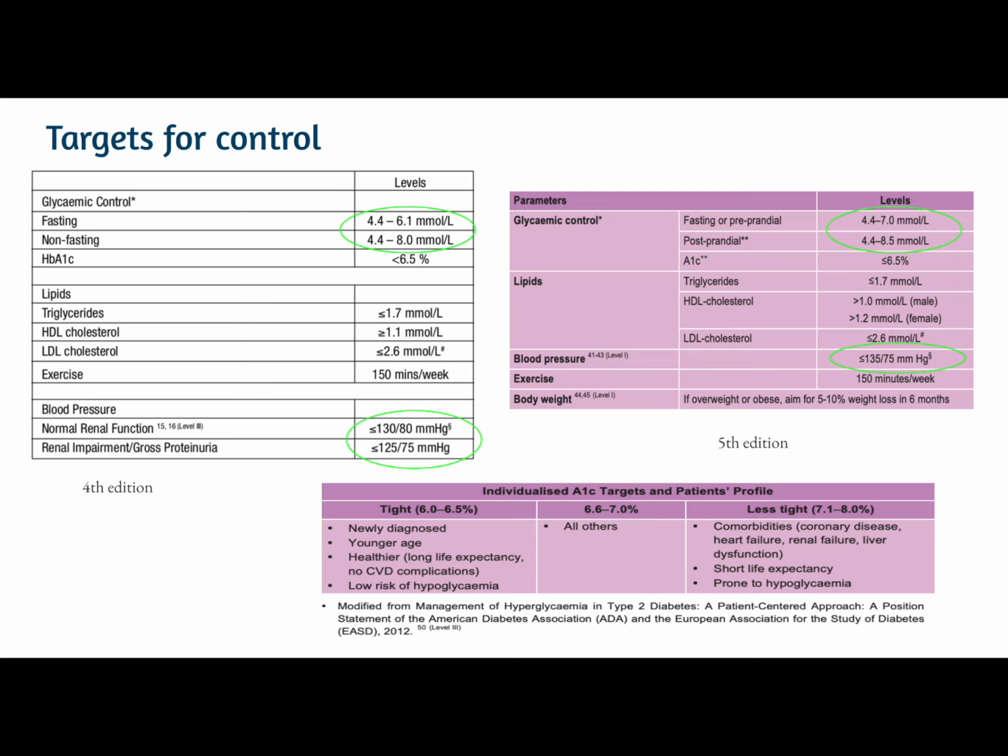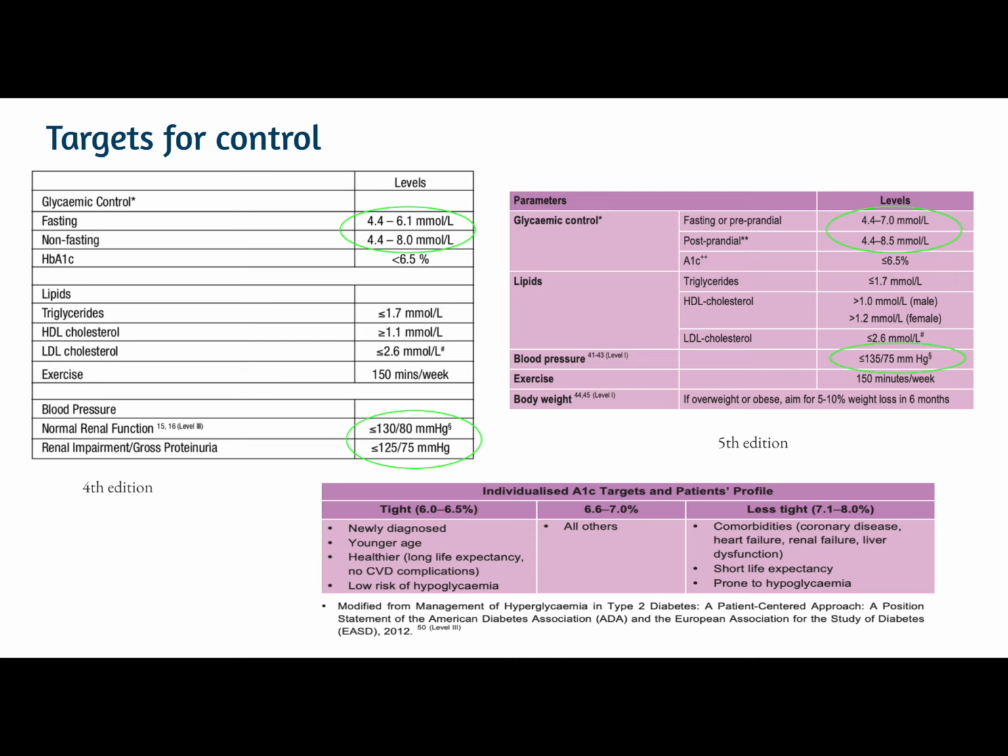The blood pressure targets are typically less than 135/75, with good lipid control where the targets here would be less than 2.6 for LDL cholesterol and less than 1.8 for those with heart diseases.